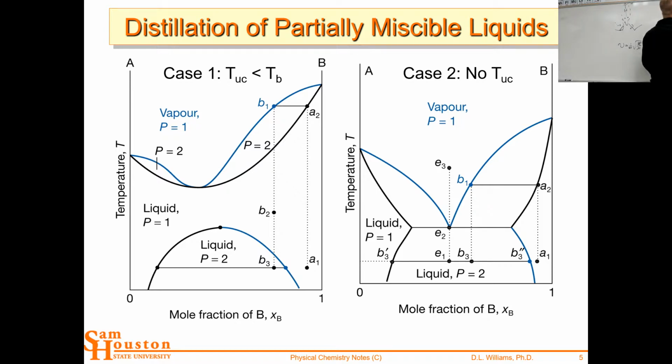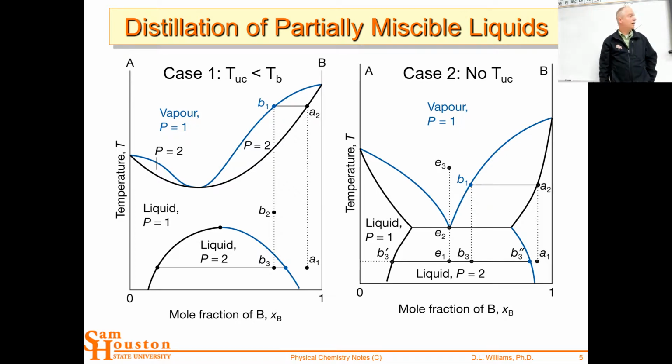But it would be rich in A. That would be the most abundant layer. It would be a B-rich layer that's smaller. I see nods. Okay, good.